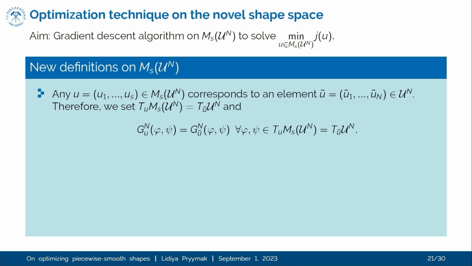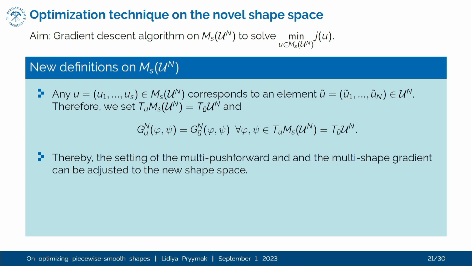So any element U1 to US corresponds to an element U tilde 1 to U tilde N. So we just set the tangent space of the novel shape space at some shape U to be equal to the tangent space of the shape space U^N at U tilde. And analogously we do this with the action of the metric.